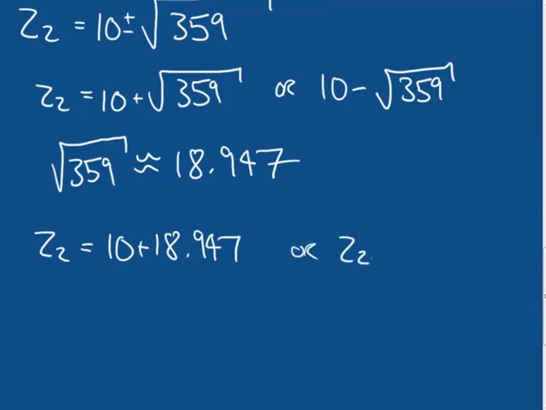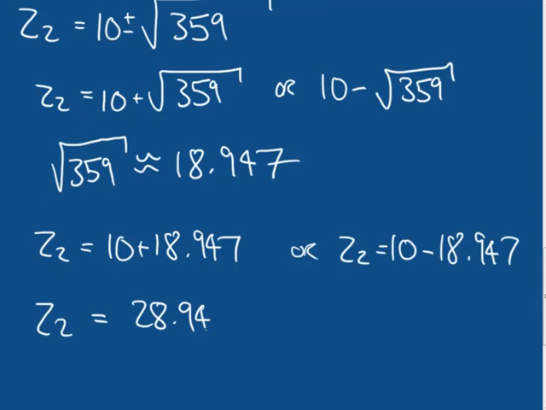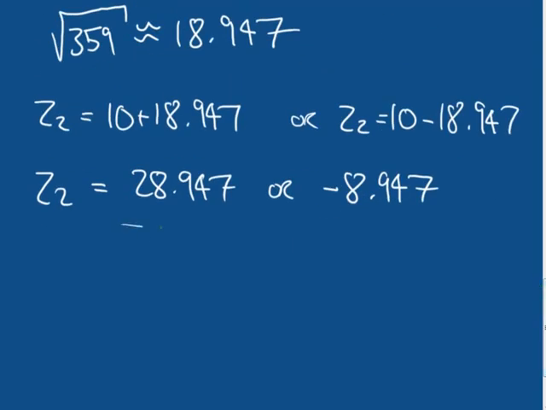Or z2 is equal to 10 minus 18.947. That means that z2 is equal to 28.947 or it's equal to minus 8.947.